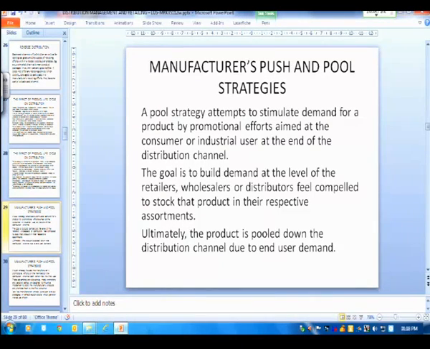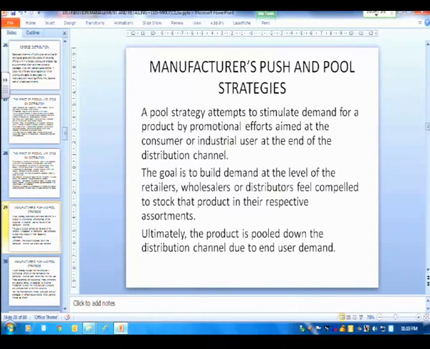Manufacturers' push and pull strategies. What are the manufacturers' push and pull strategies? A pull strategy attempts to stimulate demand for a product by promotional effort aimed at the consumer or industrial user at the end of the distribution channel.